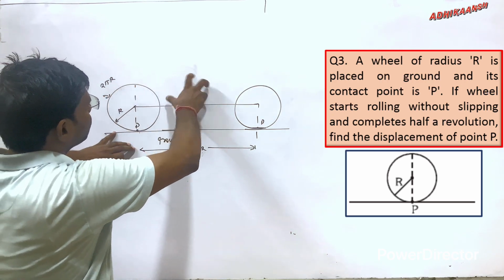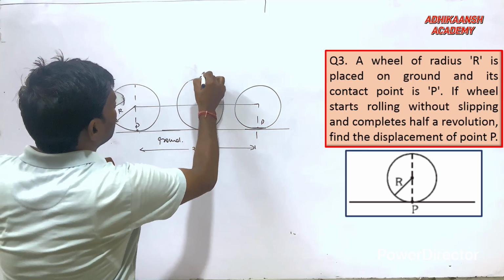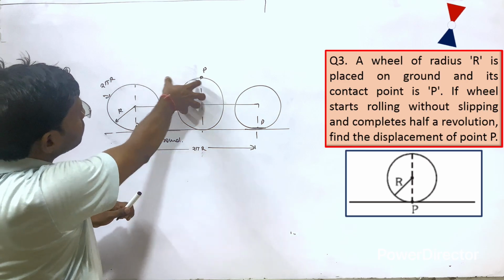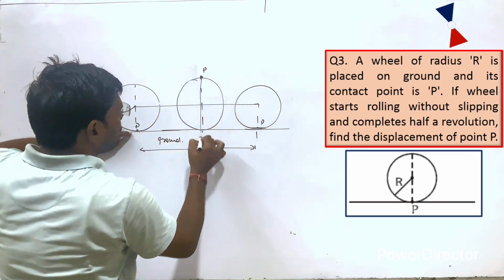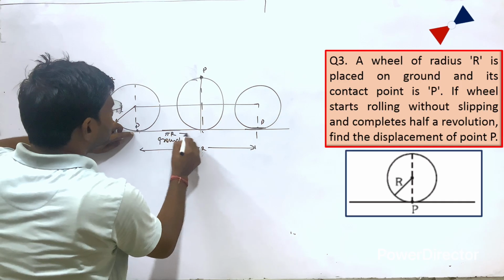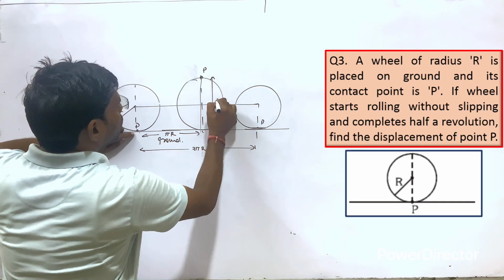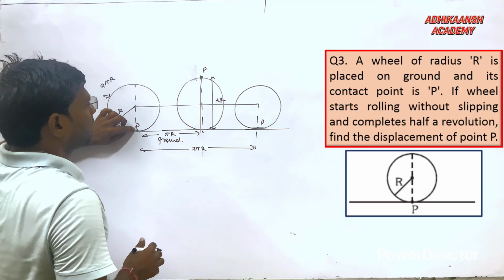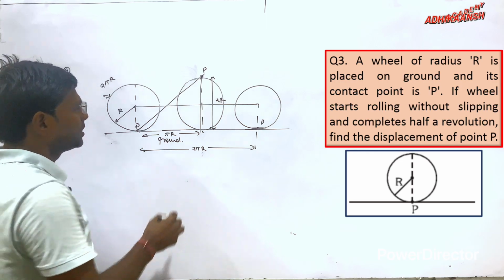In the half revolution, this point reaches the highest point of the motion, right? When it moves like this, the particle P reaches the highest position. So this is the half revolution. This distance is pi r, right? And this distance will be equal to what? 2r. So you have to find the displacement of the particle P. The line joining the initial to the final position is the displacement.